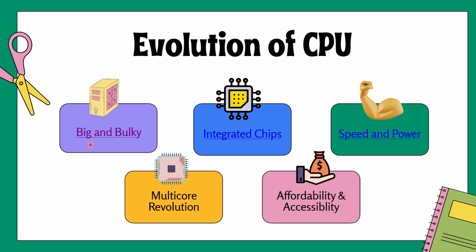Initially the central processing unit was big and bulky, and later, with the advancement in technologies, it was implemented in integrated chips. The power and speed of the central processing unit have also increased a lot with advancements in technology, and a multi-core revolution has taken place in the CPU.